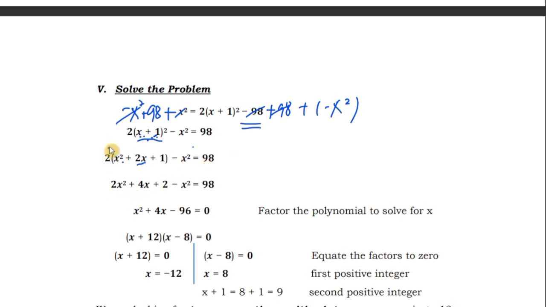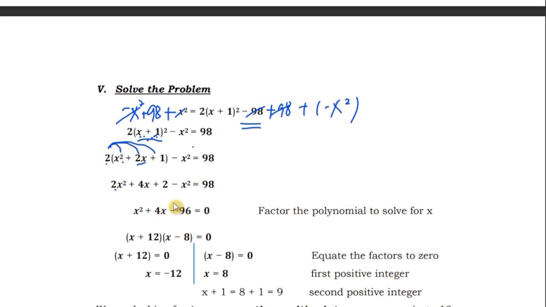Then after which we're going to distribute. So 2 times x squared is 2x squared, 2 times 2x is 4x, 2 times 1 is 2, minus x squared equals 98. Then we have x squared plus 4x, because 2x squared added to negative x squared is x squared. Copy the 4x.